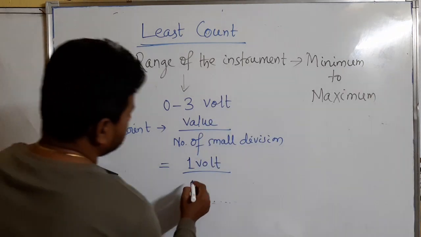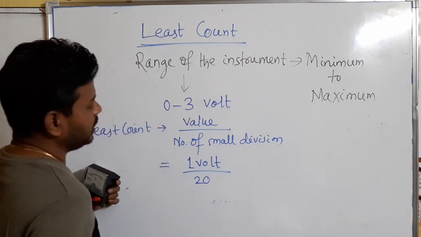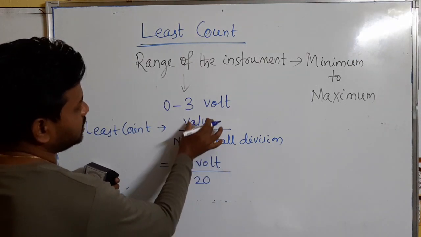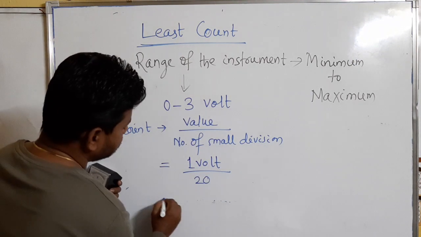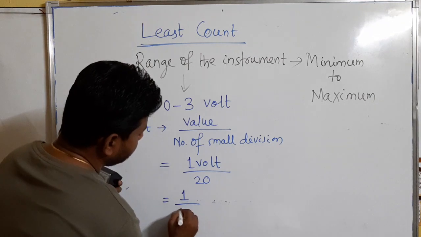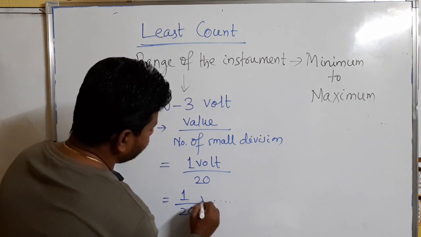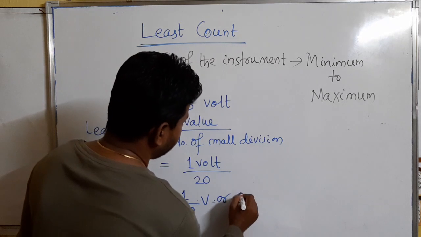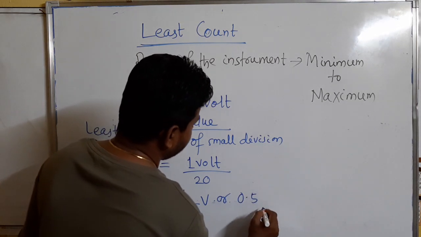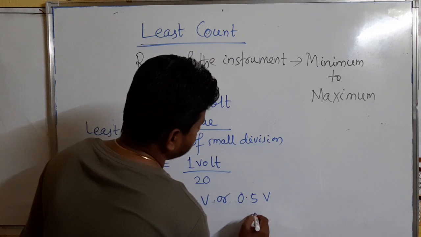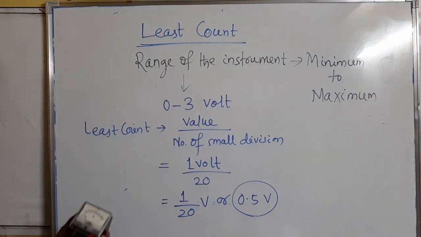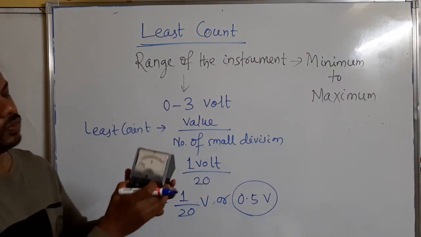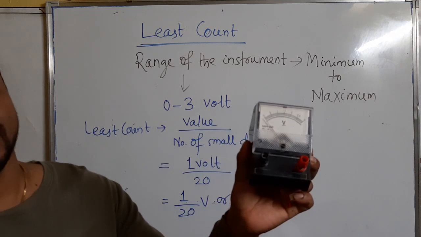So I will divide by 20, because the number of small divisions present in that value is 20. So it will be 1 by 20 volt, which is the least count of this voltmeter.